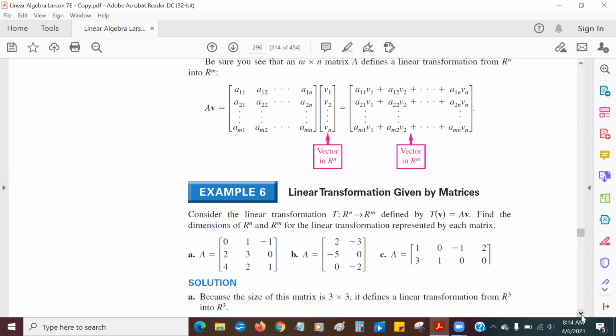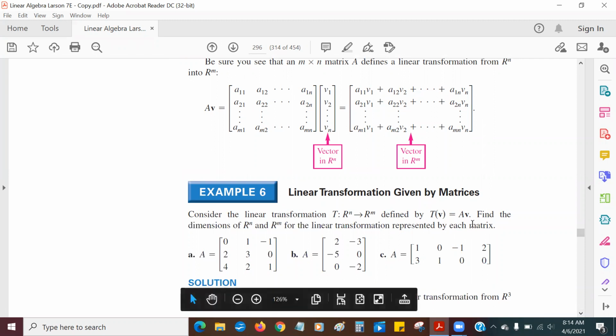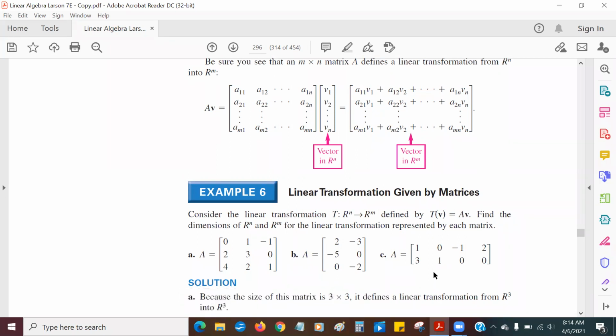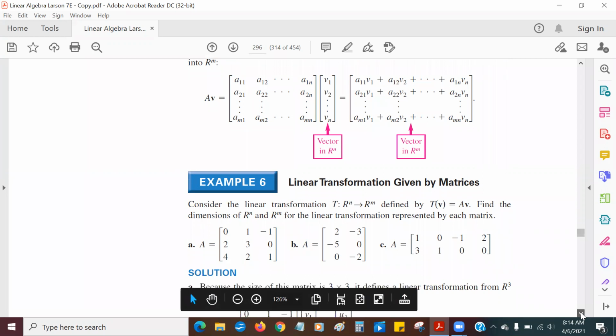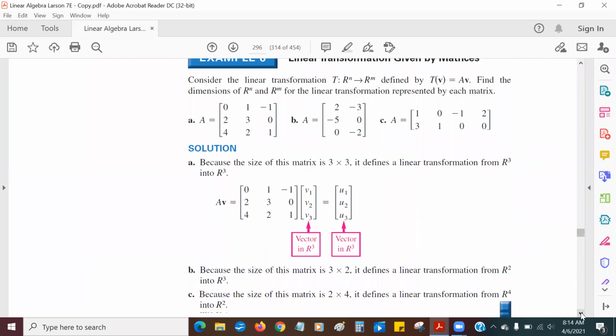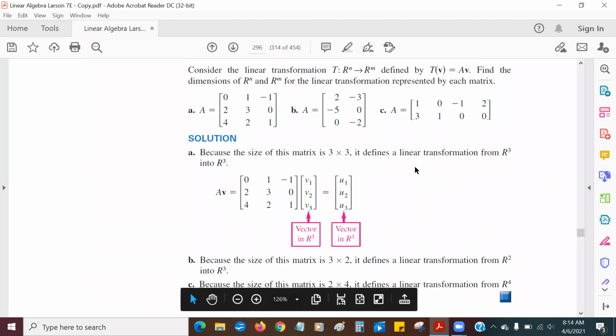Anyway, let's do example 6. We want to look at a transformation T of V equals AV, and we're looking at a few examples. Here A is a 3x3 matrix, here A is a 3x2 matrix, and here A is a 2x4 matrix. So for the first, because it's a 3x3 matrix, the transformation is going to go from R3 to R3.